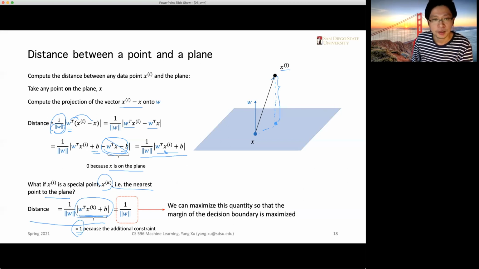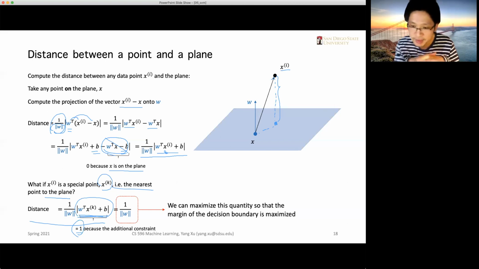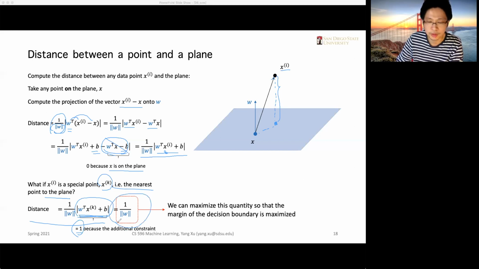So the whole problem now becomes that we want to maximize this quantity. We want to maximize the distance, so that the margin from the decision boundary to the nearest data points is maximized. All right. So remember this goal here. We want to maximize this distance.